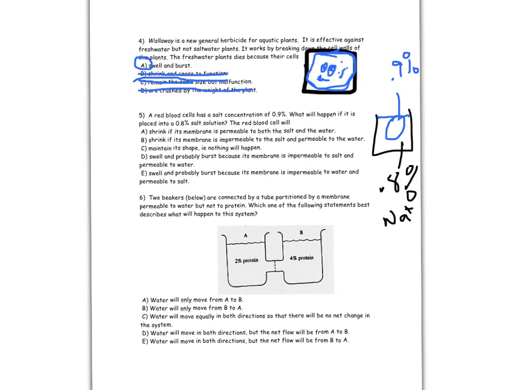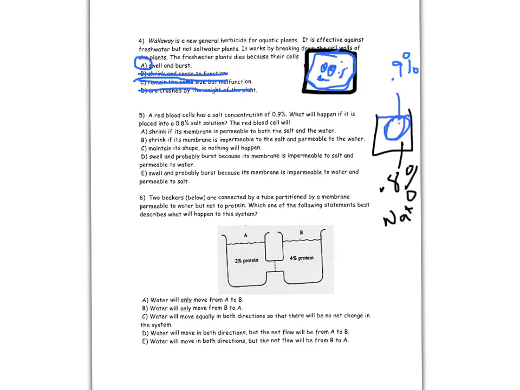What's going to happen to this red blood cell? Is the water going to rush in, or is the water going to rush out? That's really the question. Think about it. It's 0.9 in here, and it's 0.8 out here. Using the short and simple version, water's going to move to where the salt concentration, the solute, because it could be sugar, it could be some other solute, is the highest.